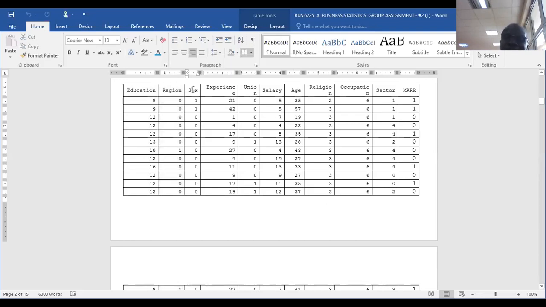Gender is nominal. Experience is scale. Union membership is nominal. Salary is scale. Age is scale. Religion nominal. Occupation nominal. Sector nominal. Marital status nominal. So we only have two types of level of measurement here: scale or nominal. There's no ordinal here because there's no variable which is characterized by order.